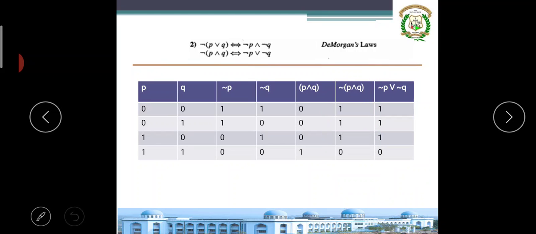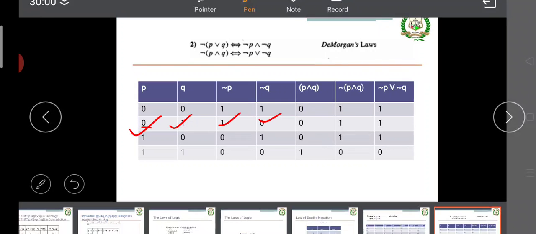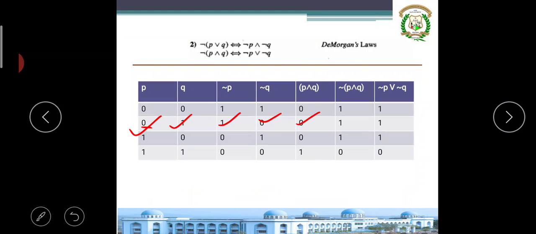First one I had told P equal to 0, Q equal to 0. Next P equal to 0, Q equal to 1. What happens? If P is 0, negation of P is 1. Q is 1, negation of Q is 0. P and Q acts like a multiplication. 0 into anything, 0. And negation of P and Q, this is inverse. That 0 means 1. Then negation of P or negation of Q, 1 plus 0 is 1.